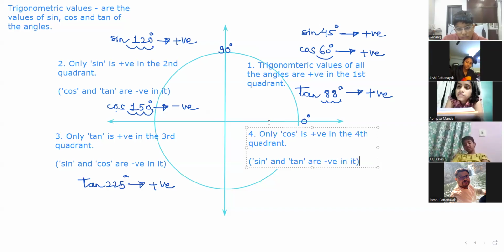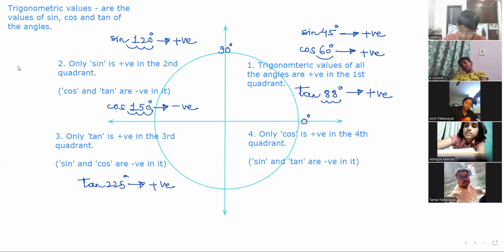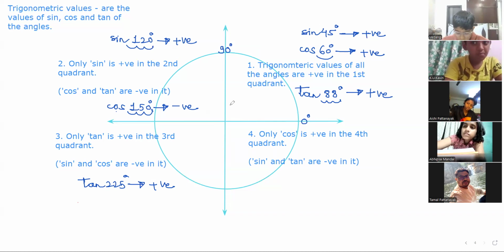Yes, Talin. Sir, why is only sine positive in the second quadrant, and why is tan positive in the third? I told you when I started that we will discuss it in coming sessions.